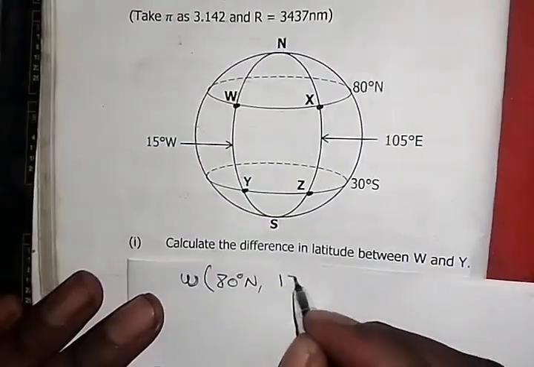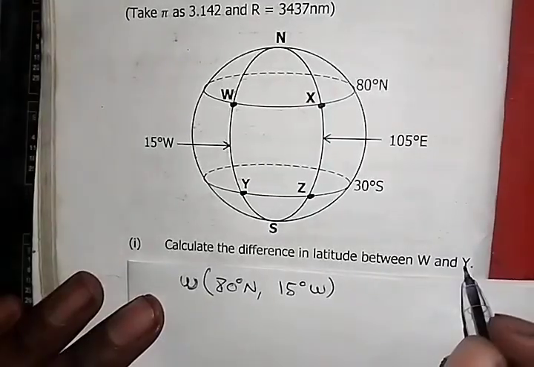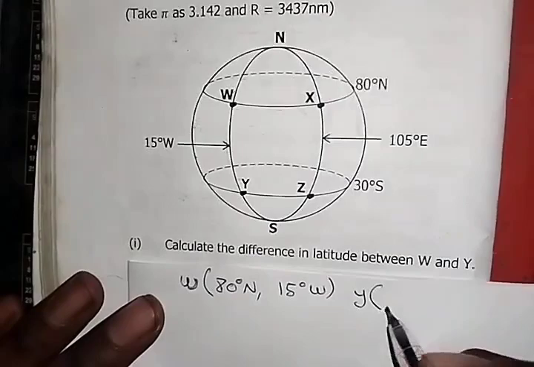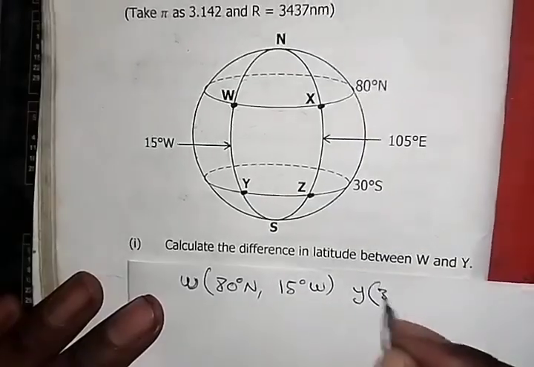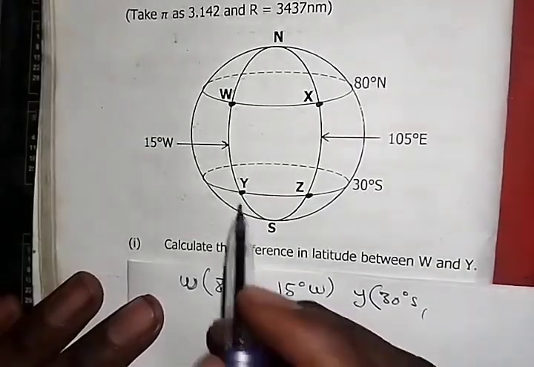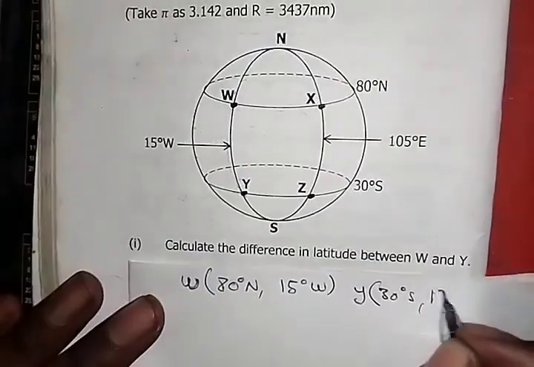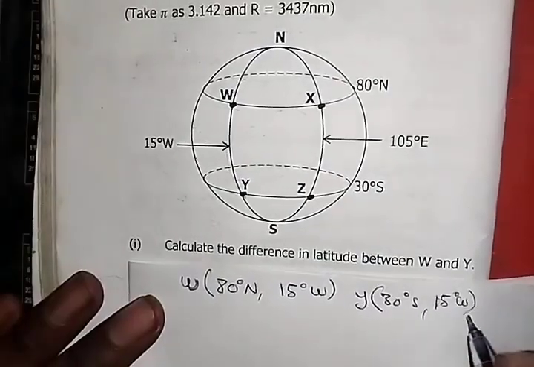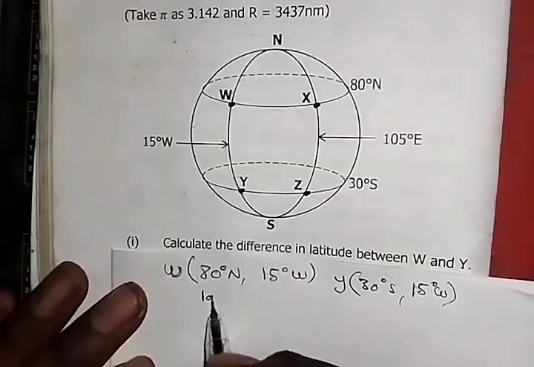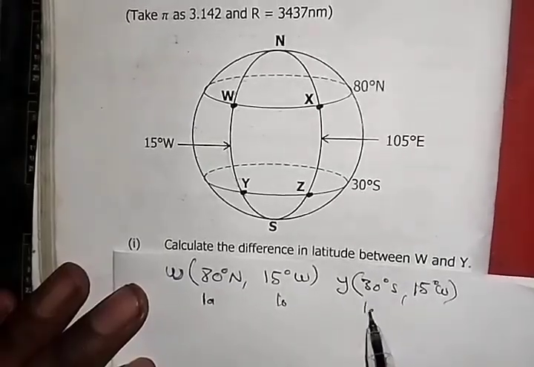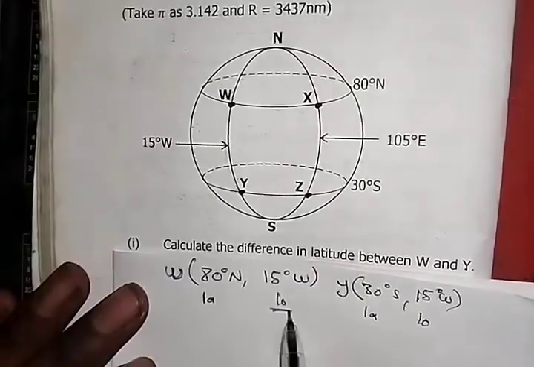Then Y has the latitude of 30 degree south, comma, the longitude of 15 degree west. As you can see, the coordinates are in the form of latitude and longitude. So W and Y have the same longitude.